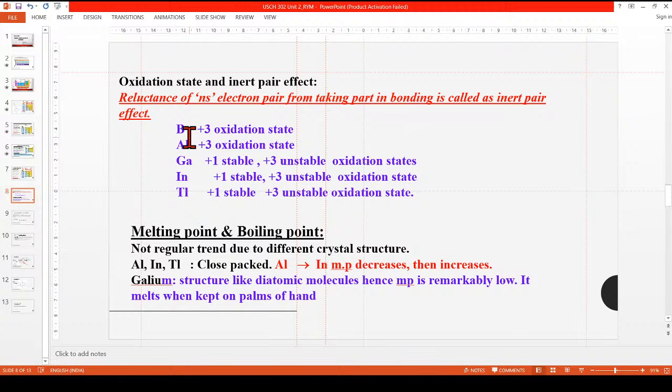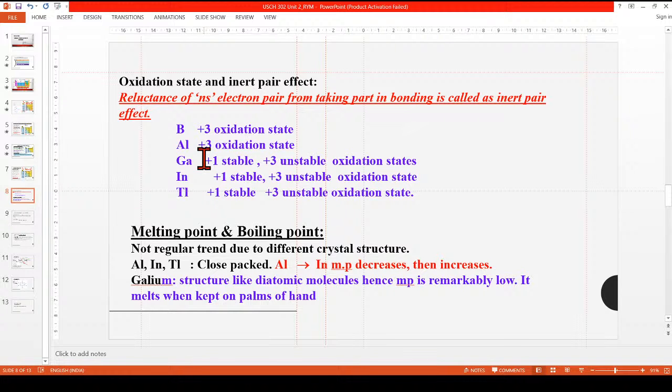But what is happening? The outermost electron pair in the s orbital, for gallium the 4s orbital, that electron pair doesn't take part in bonding, or that electron pair has become inert, so it is not taking part in bonding.